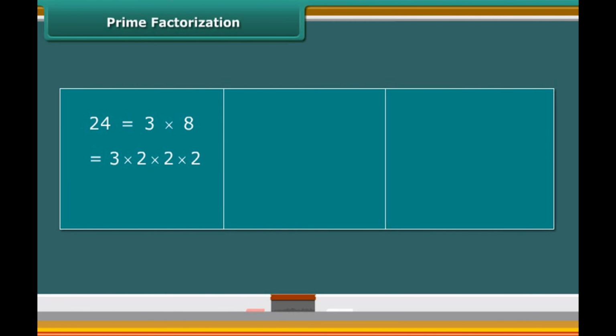Thus, 24 can be written as 2 into 2 into 2 into 3. We can also write 24 as 2 into 12. In this case, the factor 12 can be further factorized as 2 into 2 into 3. Thus, 24 can be written as 2 into 2 into 2 into 3.